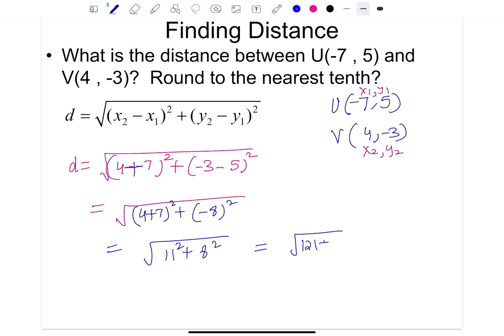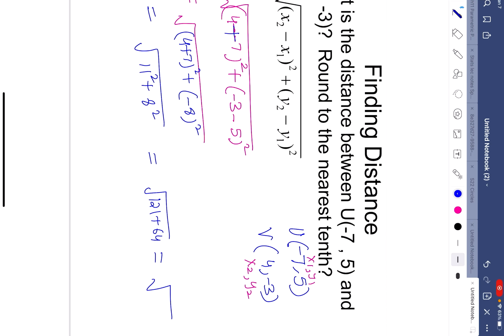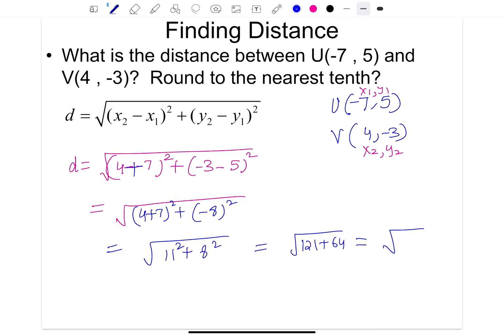So it's 121 plus 64. Square root of 121 plus 64 turns out to be square root of 185. Square root of 185, and that's it. Approximately equal to 13.6.